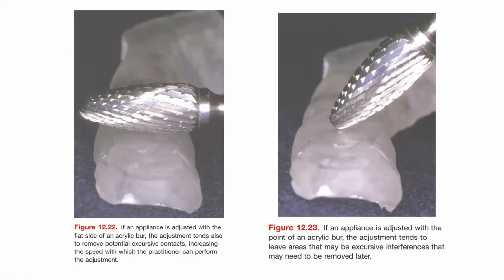For the adjustment of the occlusal portion, the author has suggested that we should use the flat portion of the acrylic trimming bar for the trimming, because when we use the round portion of the trimming bar, the lateral excursive interferences will not be removed. So the author suggests using the flat portion of the acrylic trimming bar in order to reduce the lateral excursive interferences.